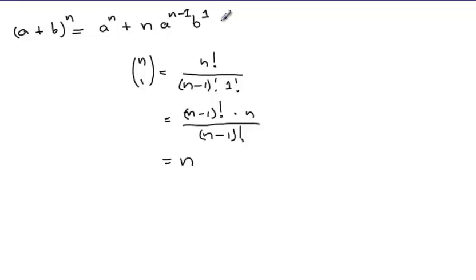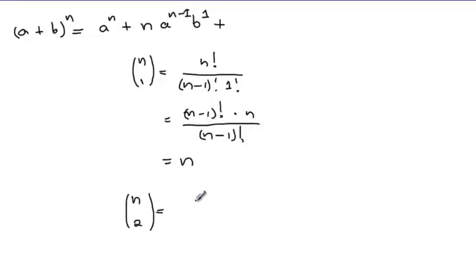Then the question is now, what's going to be the coefficient for the second one? Let's calculate it, because we've got a wonderful formula here which delivers coefficients of binomials. I'm trying to say n choose 2. So it's going to be n choose 2, brackets.